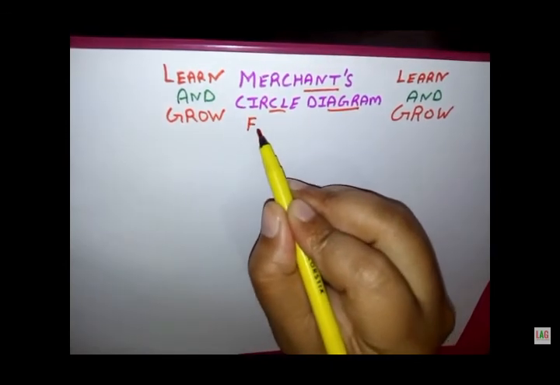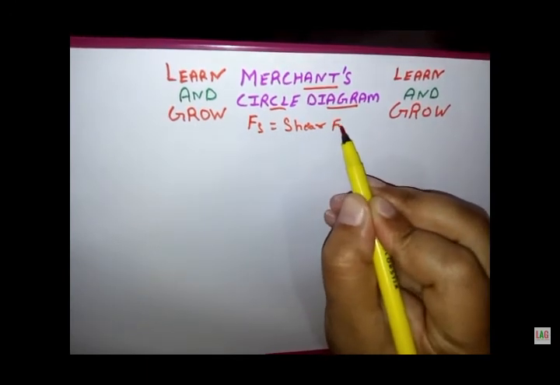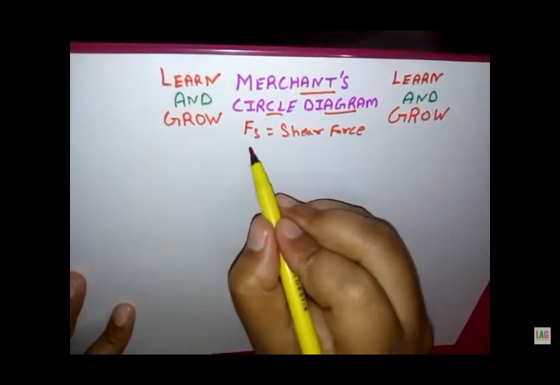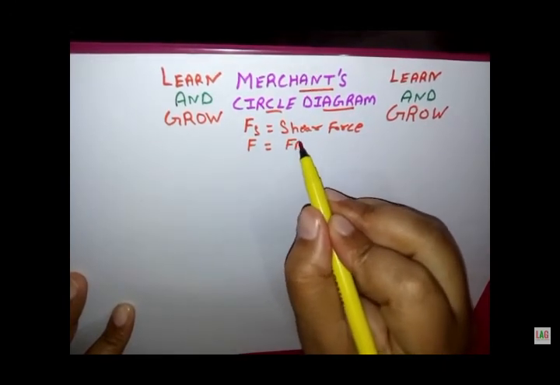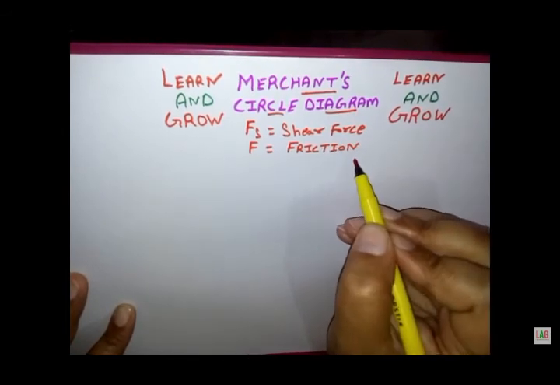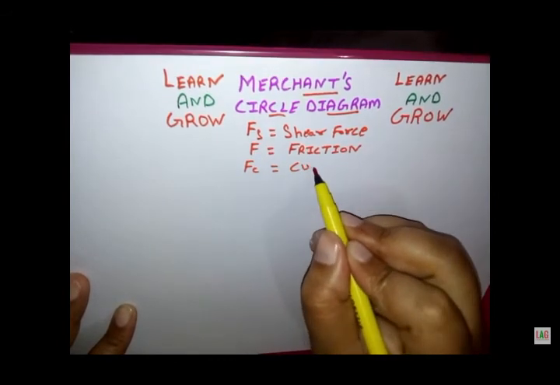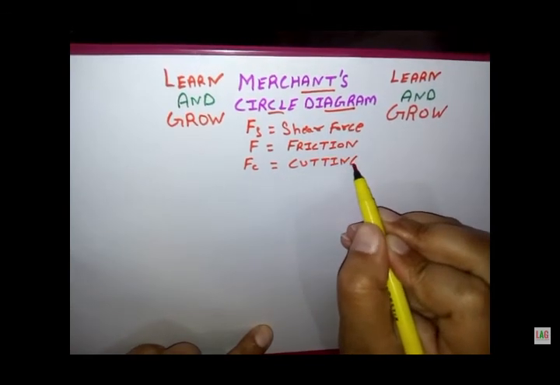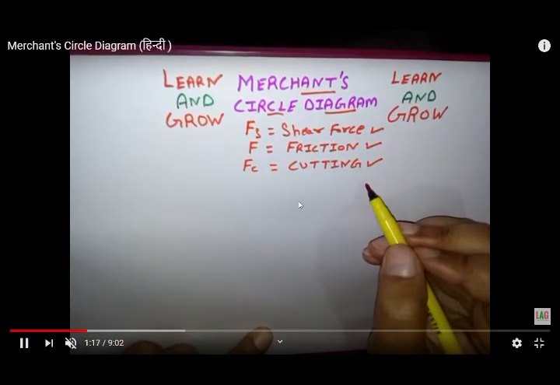First we know the formula: Fs is the shear force, F is the friction force, and Fc is the cutting force. So there are three forces: shear force, friction force, cutting force.